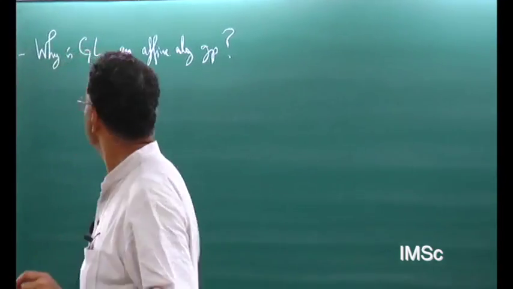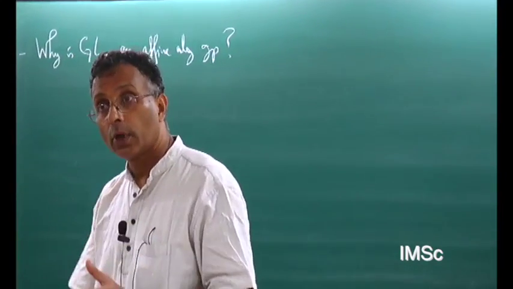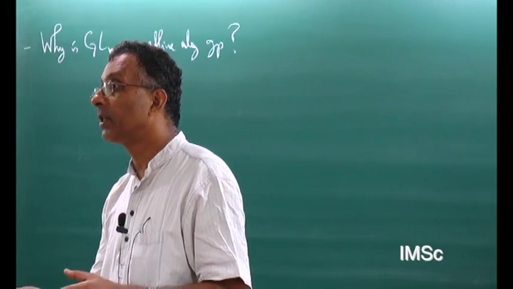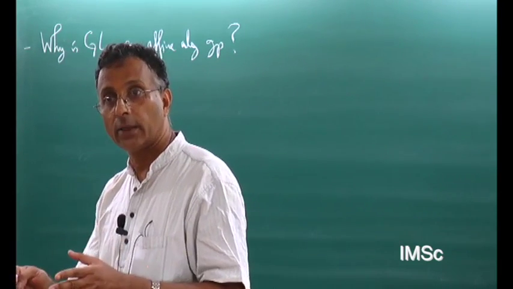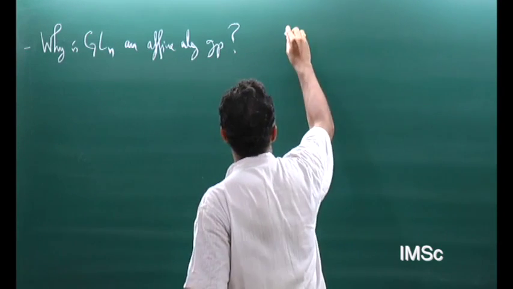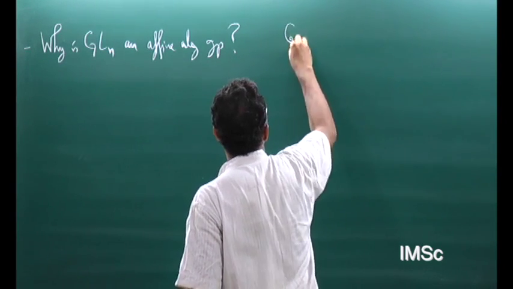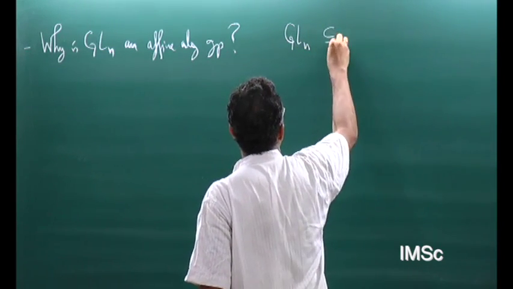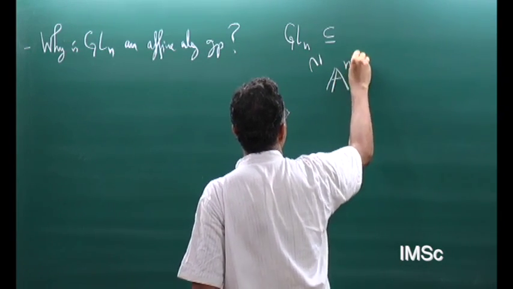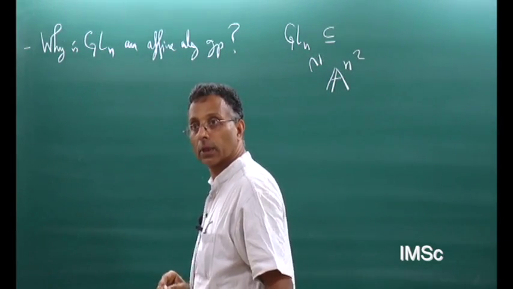So you take that, and then it's a group, and I have to make it an affine algebraic variety. I have to give it the structure of an affine algebraic variety. How do I do that? Well, you can think of GLN as naturally sitting inside A^(n square), right?